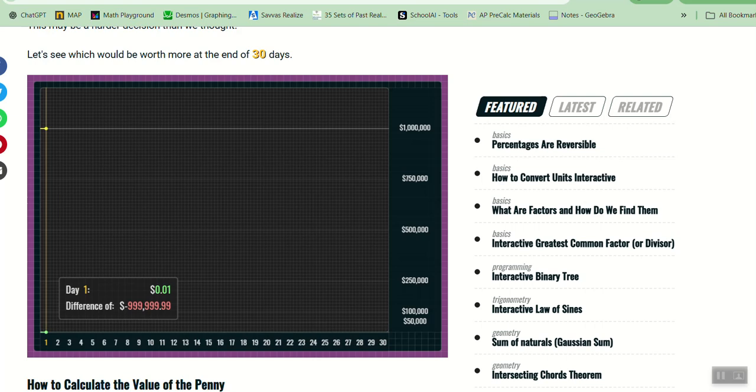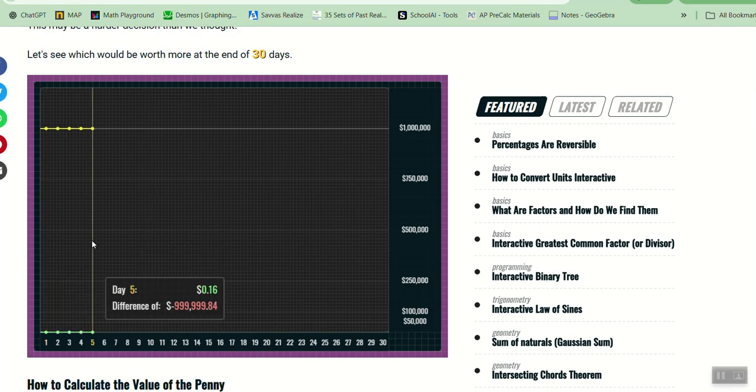Okay, I need a volunteer. Who wants to volunteer and show us? One day, you have 1 penny. The top line is $1 million. Increase it to 5 days. Okay, million group, you still have $1 million.